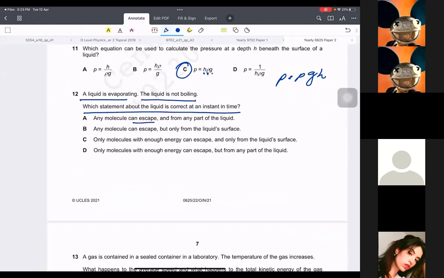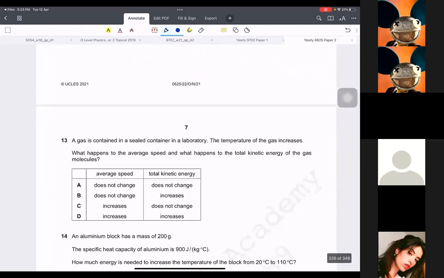Any molecule can escape from any part of the liquid. That's wrong. Any molecule can escape, but only from the liquid surface. That's wrong. Only molecules with enough energy can escape and only from the liquid surface. That is correct. Only molecules with enough energy, but any part. That's wrong. Only surface and most energetic ones.